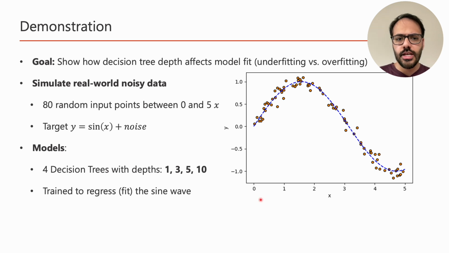We have 80 inputs from 0 to 5, so I randomly selected 80 data points from 0 to 5, and I call this X. Then I assume that the true relationship is sine of X. The reason I'm using the sine function, one of the trig functions that you're probably familiar with, is because this is a nonlinear function.